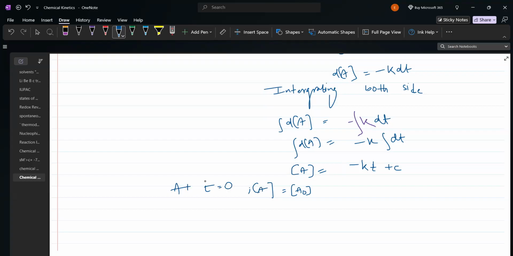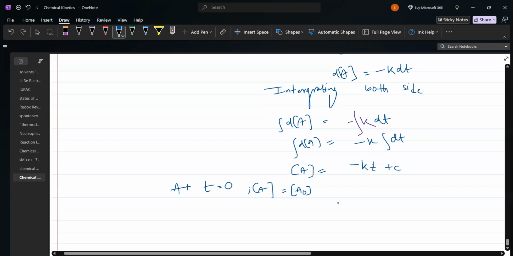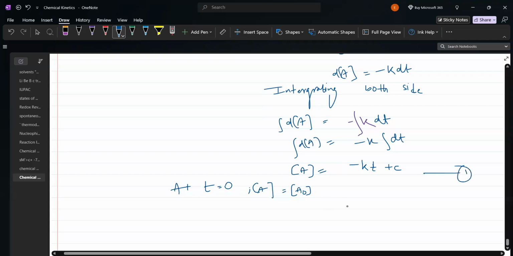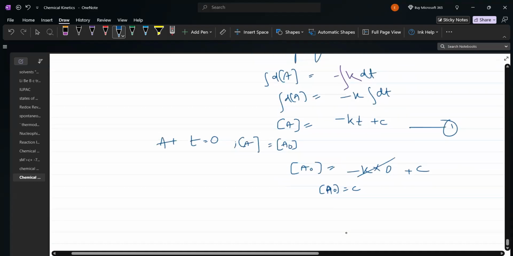So that was the time at t equal to 0. The reaction will start. So from this equation, we will put A as A naught, and for t we will put 0, obviously. So after solving, we get A naught is equal to C. A naught is the initial concentration of reactant.